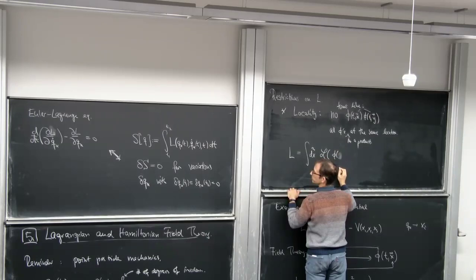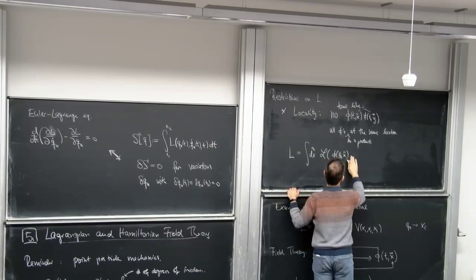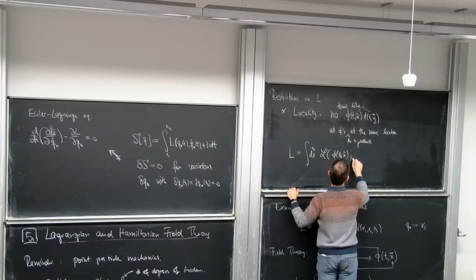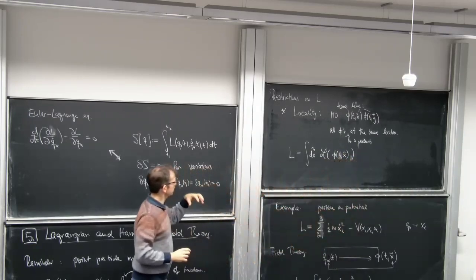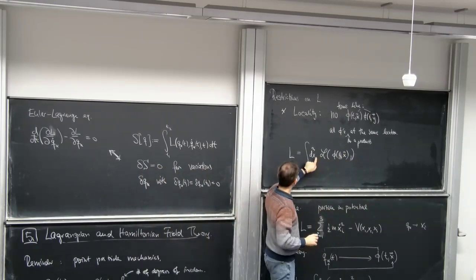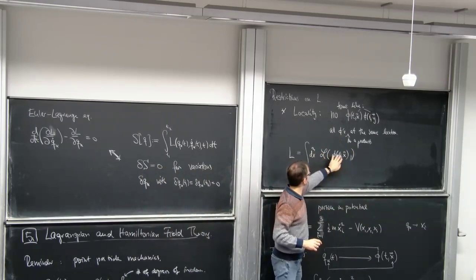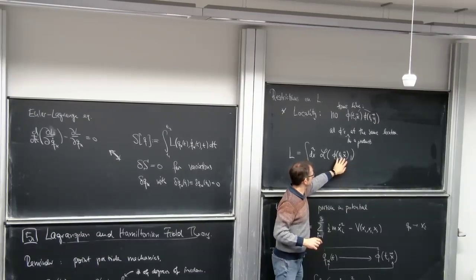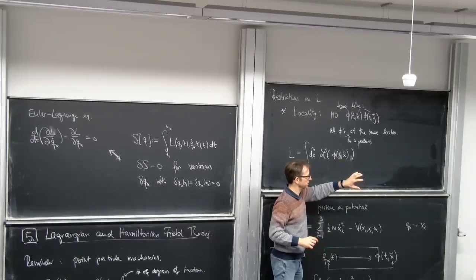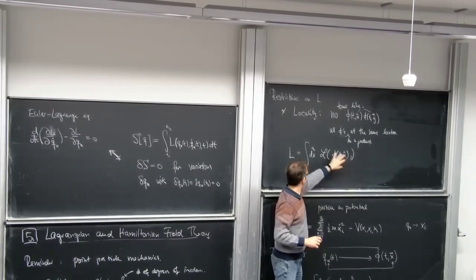Let's say this. So this integrand is a function of my degree of freedom at an x. So you just look at what this thing does at the point, and then sum it over all of them.